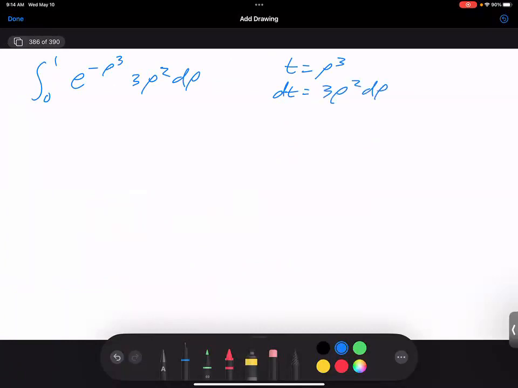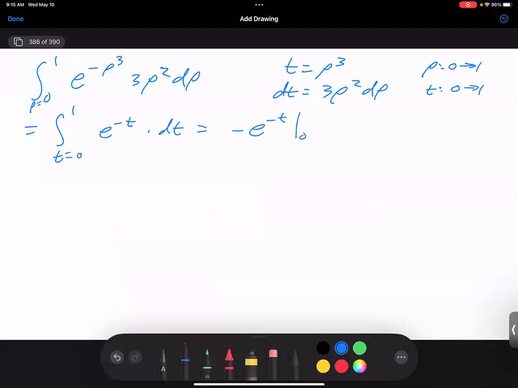If I hadn't put in the 3, I would have to have a factor of 1/3 coming in now. As rho goes from 0 to 1, t goes from 0 to 1. So this is just the integral from 0 to 1 of e to the negative t dt. So it's negative e to the minus t evaluated at 0 and 1.